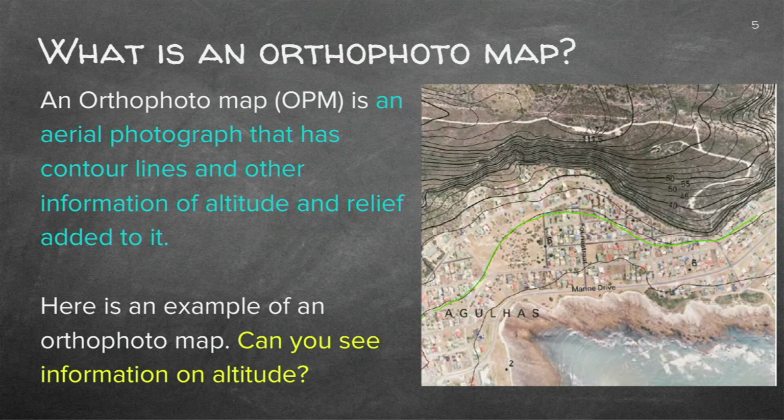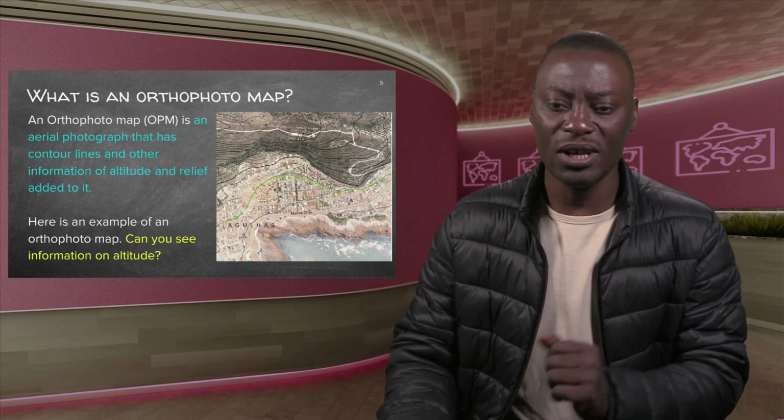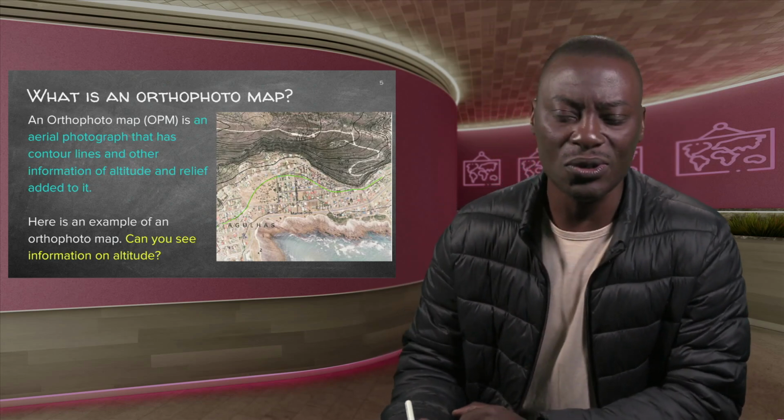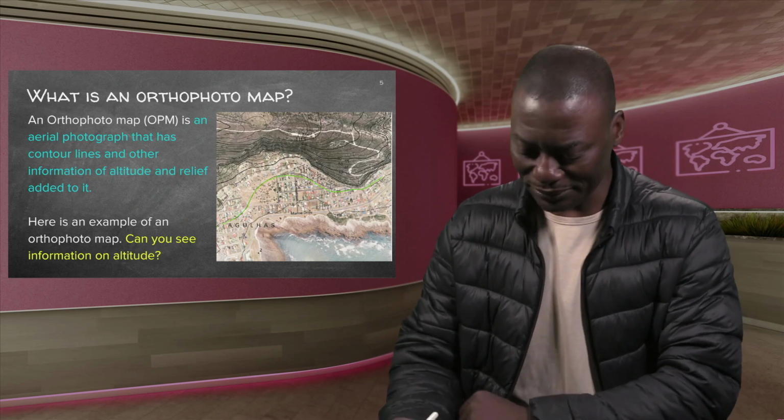And when you have altitude corrected and put on the same scale and then superimposed, and superimpose simply means to put on top of, when you superimpose contour lines on a vertical aerial photograph, what you have is referred to as an orthophoto map.